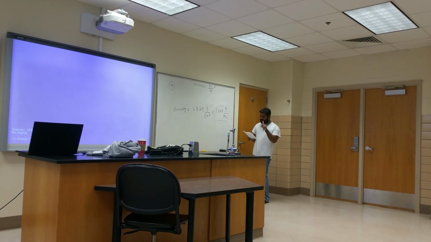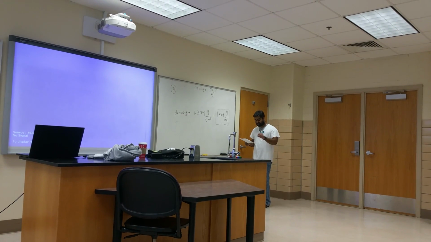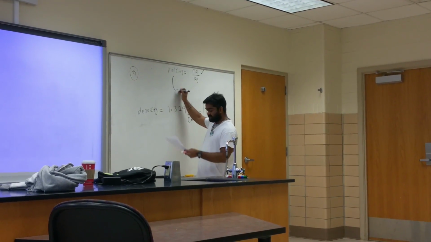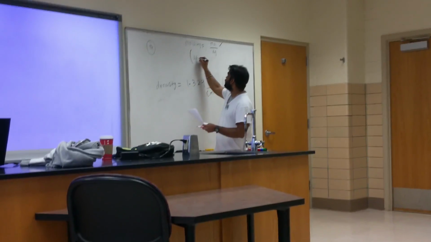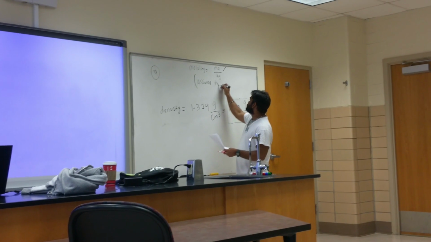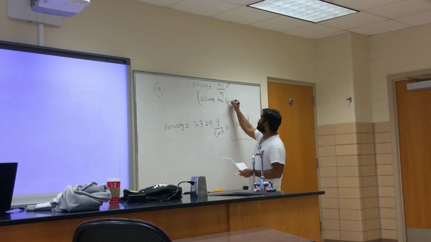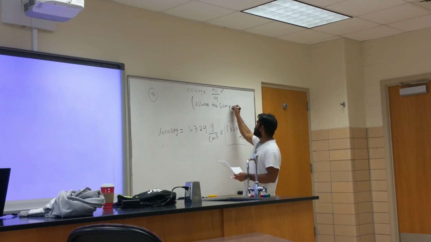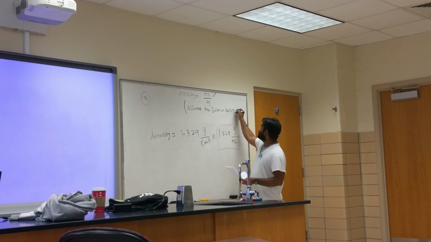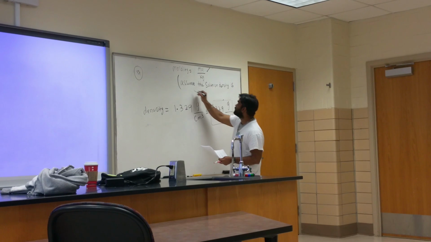Now, if I ask this very similar type of question, what I would do is give in brackets, assume, you will see this on this question. Assume the solution density is similar to water's.